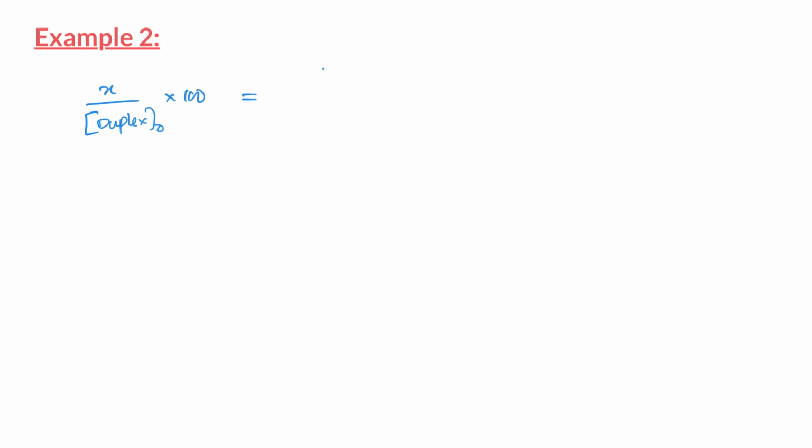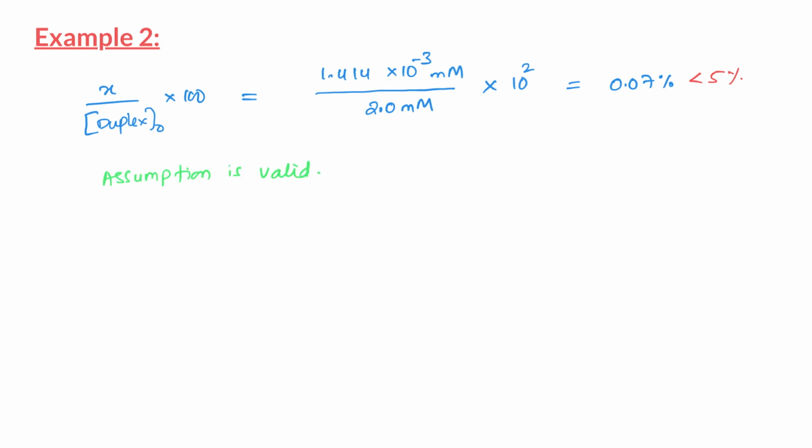The value of X we calculated is 1.414 times 10 to the minus 3 divided by the initial concentration, 2.0, times 100. If we do the math, we get 0.07%, which is way less than 5%. Therefore, our assumption is justified.